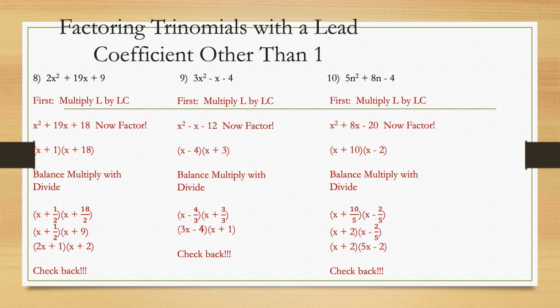Let me try this again here. Oh, okay, there we go. 2 times 5x is 10x, and negative 2 times x is negative 2x. 10x and negative 2x do make 8x. Somehow I got lost there, and 2 times negative 2 is negative 4. So that checks absolutely perfectly.